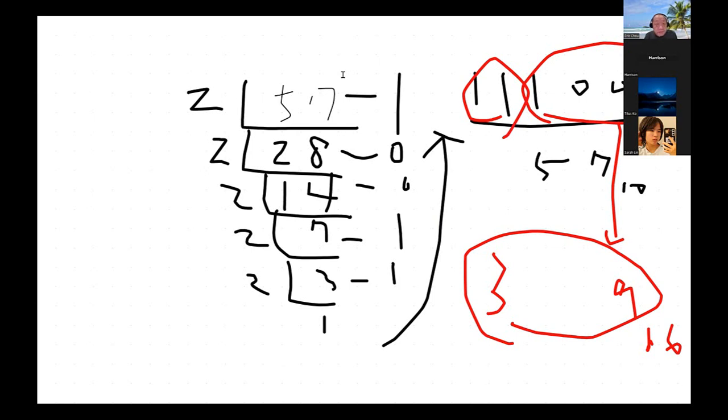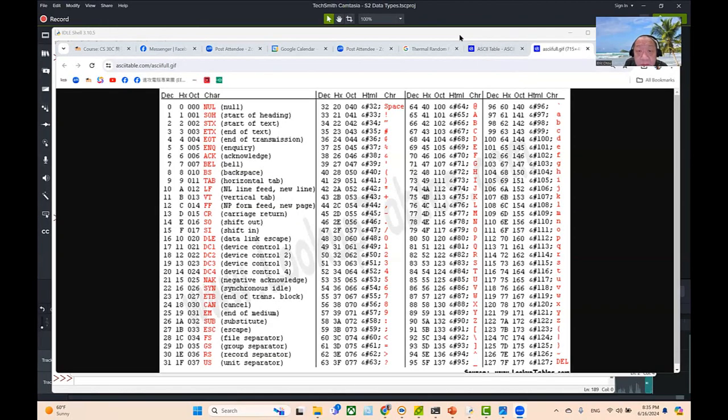So what I want to say is, on this table that we see right here, it gives you the decimal code for each symbol. It also gives you the hexadecimal code for it.